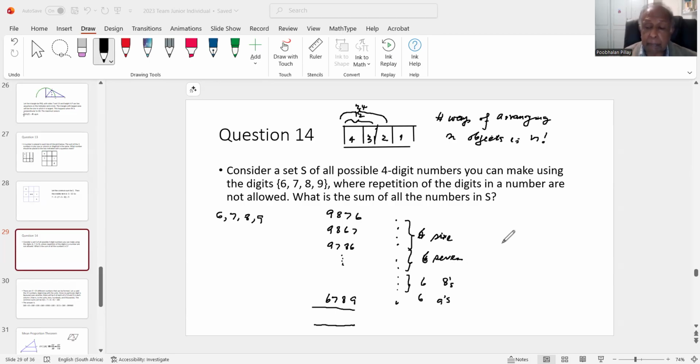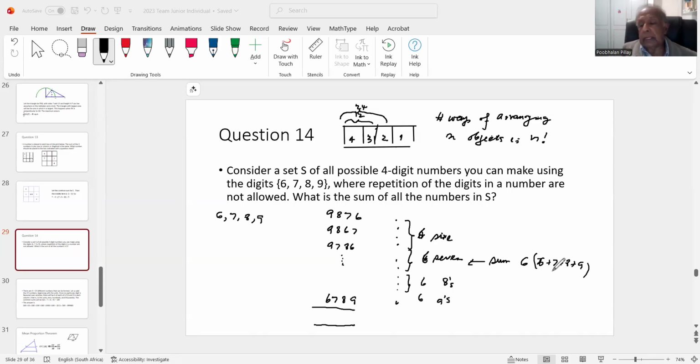Now that I can add because the sum here is 6 into 6 plus 7 plus 8 plus 9. 6 of each.